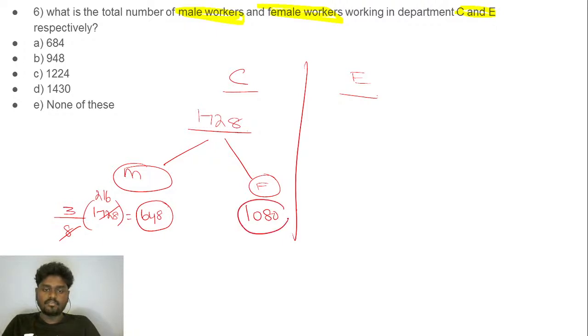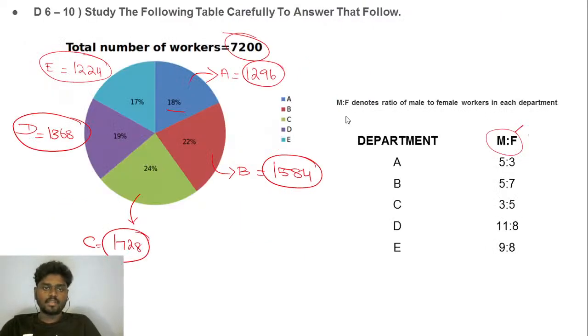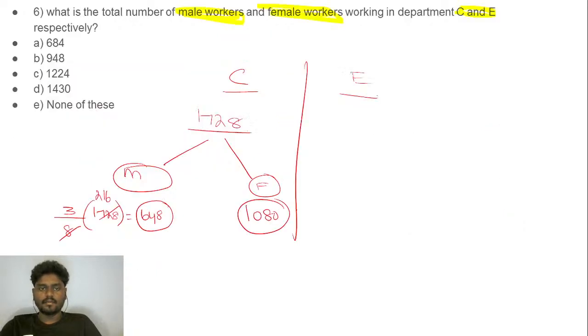1,080 females. In the same way, for department E, you have a total of 1,224 workers, and out of 9 plus 8, 17 parts, 9 parts are male.